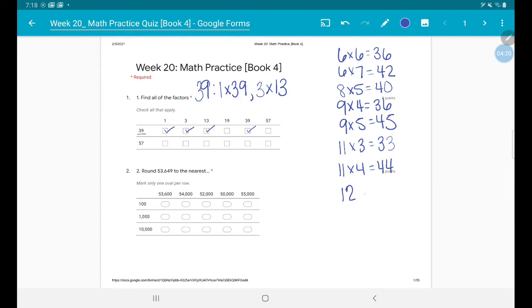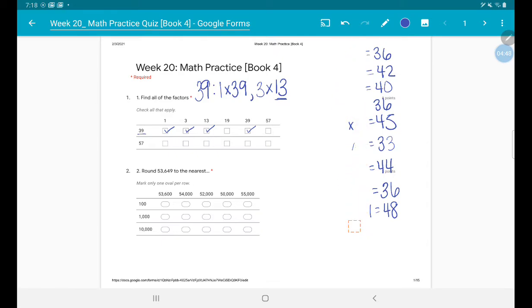And go to 12. 12 times 3 is 36. 12 times 4 is 48. That skips right over 39, so that's not a factor. The next number I get to is 13, and we already have 13 listed. So I know that we found all the factors of 39. 39 has factors of 1, 3, 13, and 39.